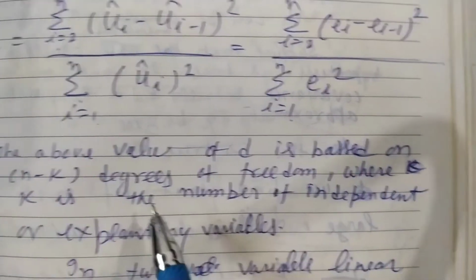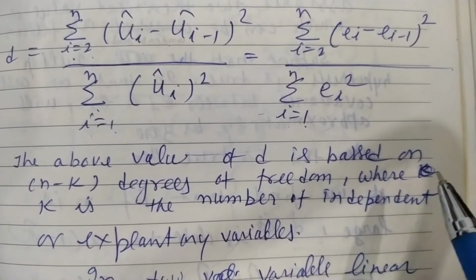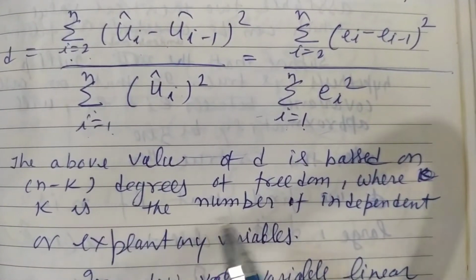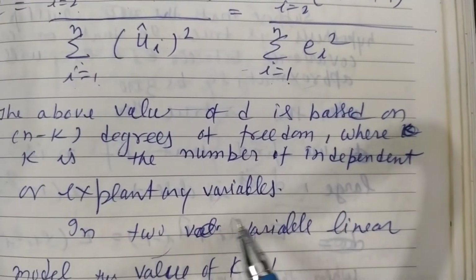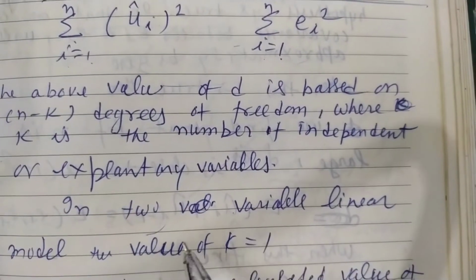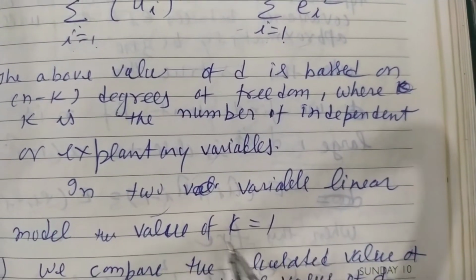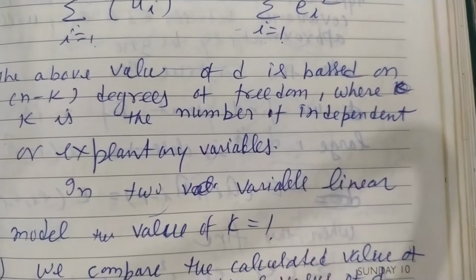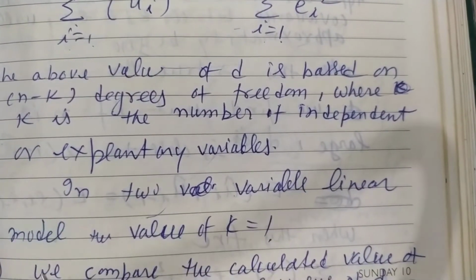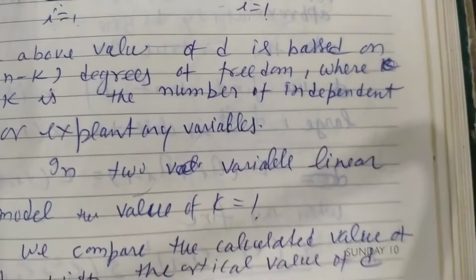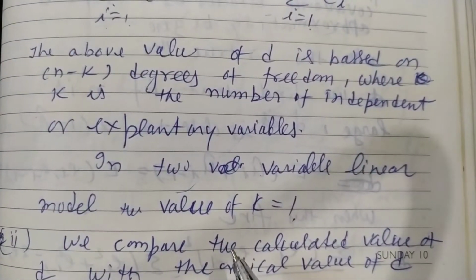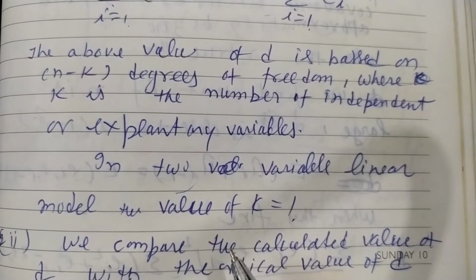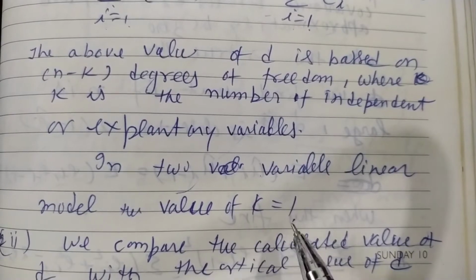The above value of d is based on n minus k degrees of freedom, where k is the number of independent or explanatory variables. In a two variable linear model, the value of k is equal to 1, because it is n minus k, where k is the number of explanatory variables, and we have two variables, meaning the explanatory variable is 1.